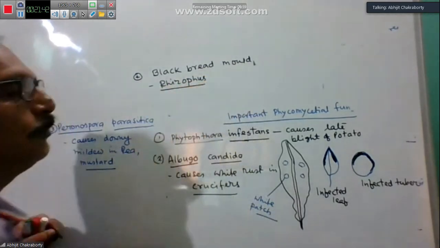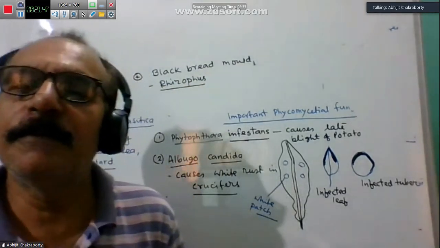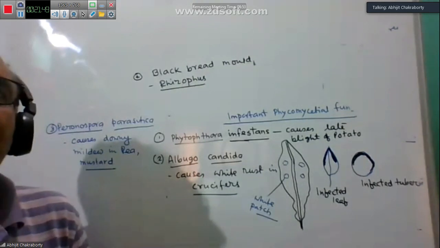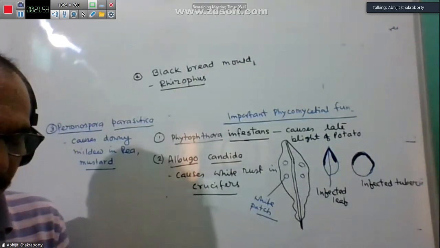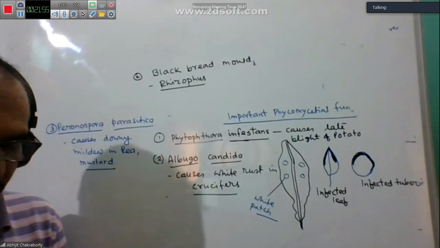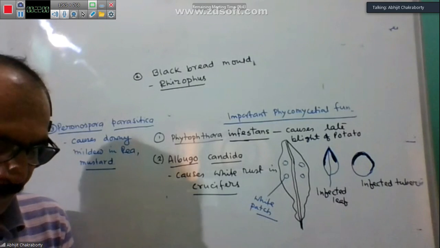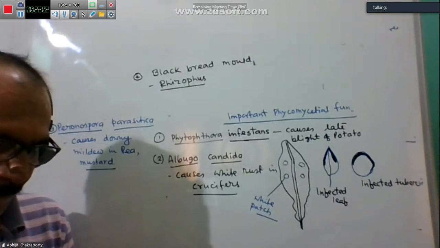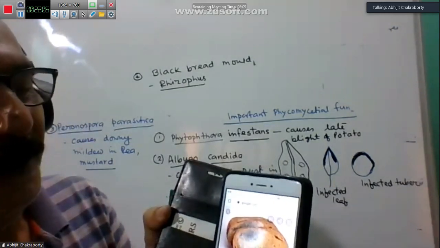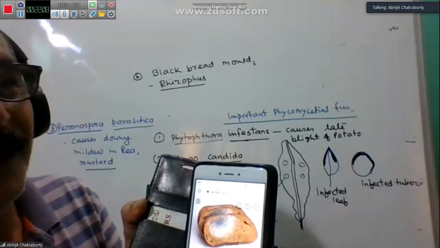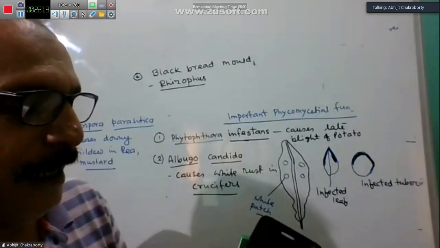Why is it called so? If after purchasing bread from the market, you leave it for 2-3 days, then you will see such molds. It's commonly seen in the bread.